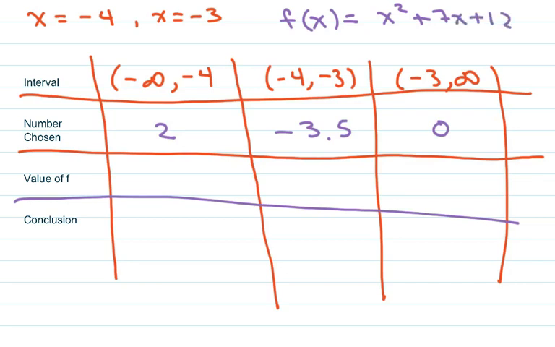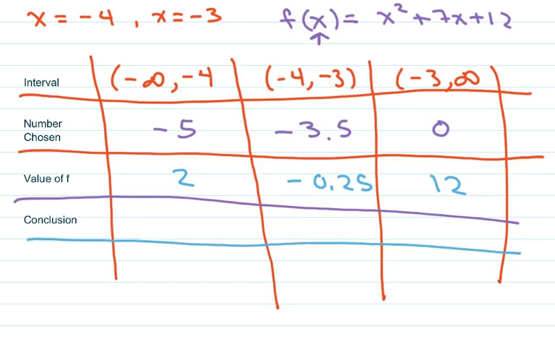And I'm just going to evaluate each of these x's. Sorry about that. When you plug in negative 5, you get 2. When you plug in negative 3.5, you get negative 1/4, or negative 0.25. When you plug in 0, that's just going to be 12.